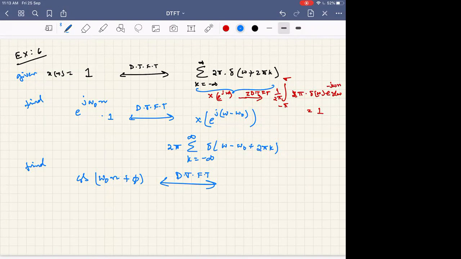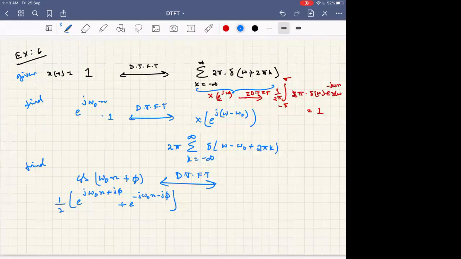Sir, do we convert into exponential form and then do it? Correct. So I will write 1 by 2, e power j omega naught n plus j phi, plus e power minus j omega naught n minus j phi.